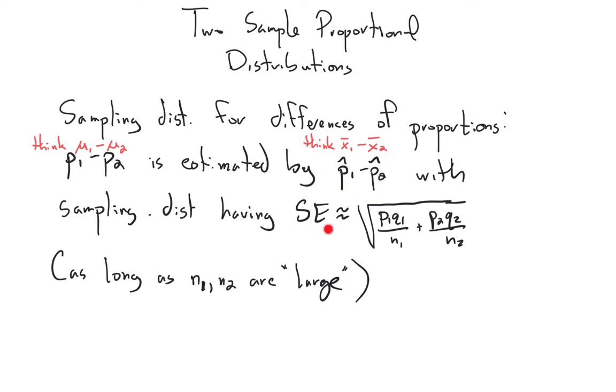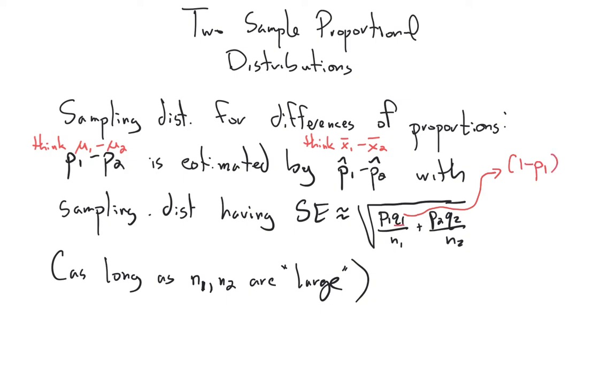And we can show that the standard error of this sampling distribution is a lot like the standard error of the one sample case, but you just add together a fraction for each of the samples. So here we have P1 times Q1. And remember, Q just means 1 minus P1 in this case.